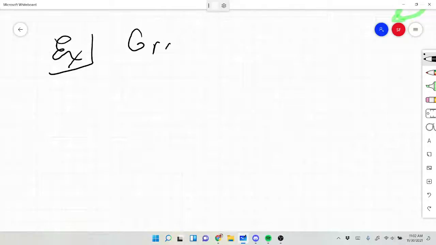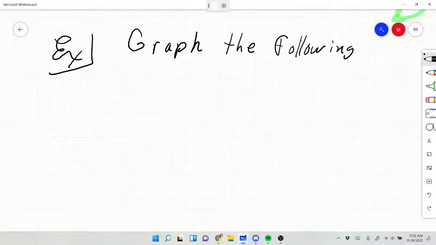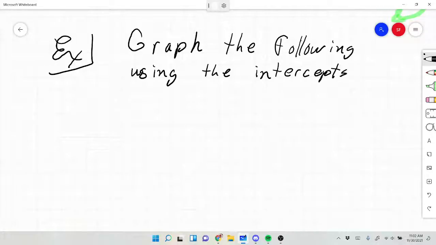Graph the following using the intercepts. Example 1: 3x minus 4y equals 2.